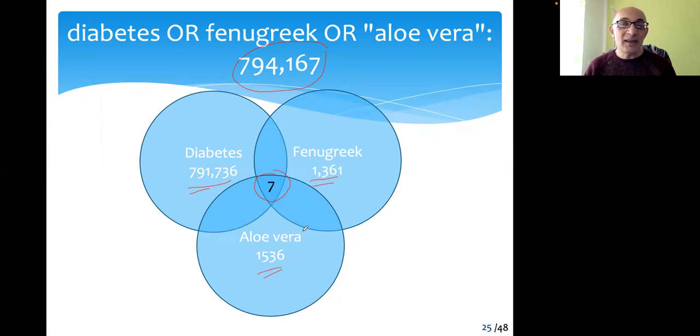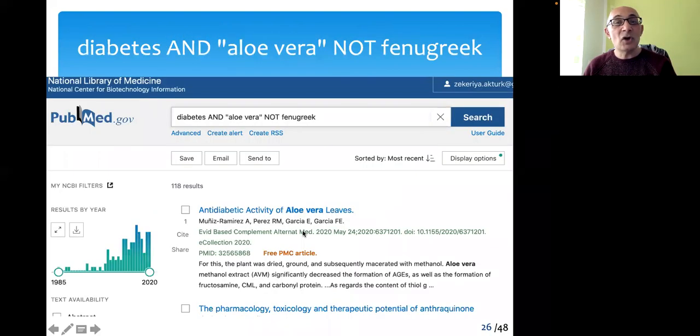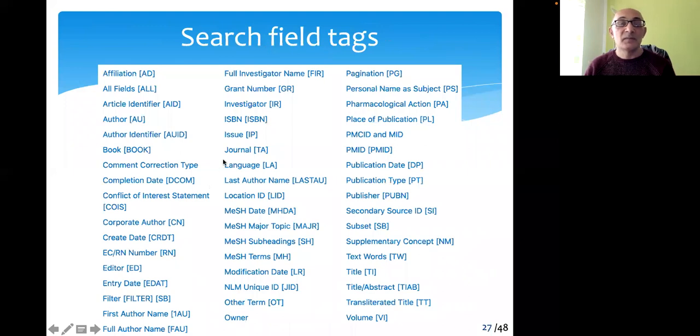So you may do any kind of combinations of AND, OR, or even NOT, if you know really what you are going to search. Here is an example of the NOT option: diabetes and aloe vera, but I don't want fenugreek to appear in the articles, and that returns 118 hits.